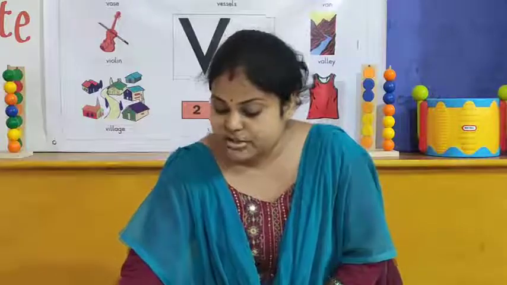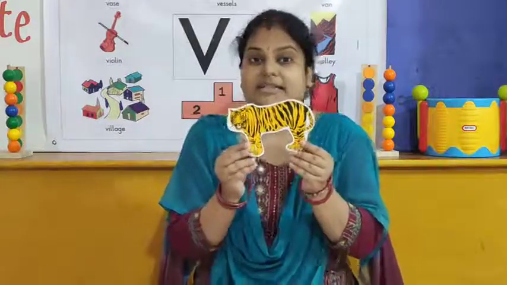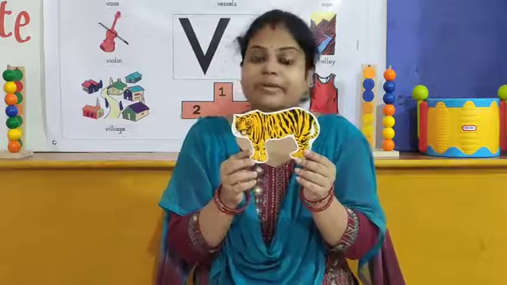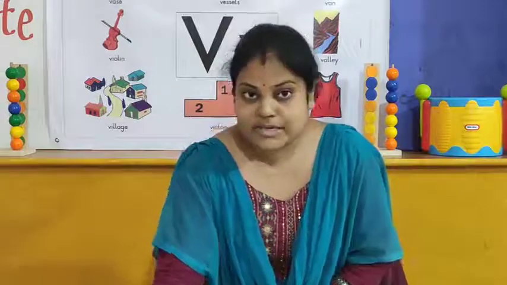And what animal do we have? We have a tiger. The tiger also lives in the forest. Where does the tiger live? The tiger lives in the forest. Children, you have to repeat with me. Are you repeating with me?